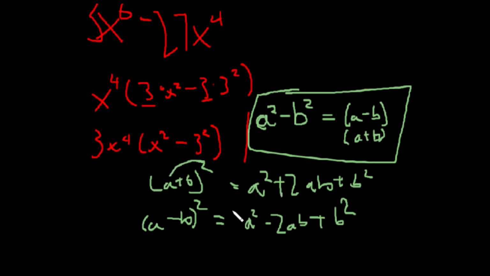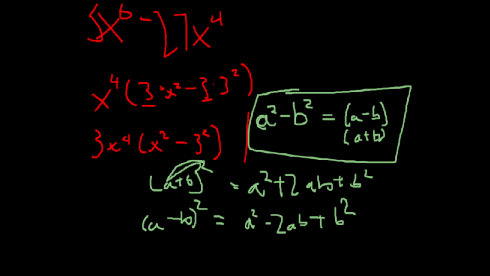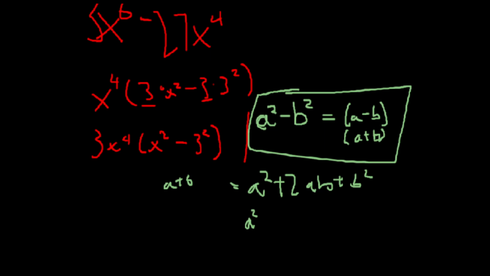Imagine this one goes away, and this one goes away, and you now have a squared minus b squared. It doesn't matter what I'm saying for now, it's just random, but this is what you should know.